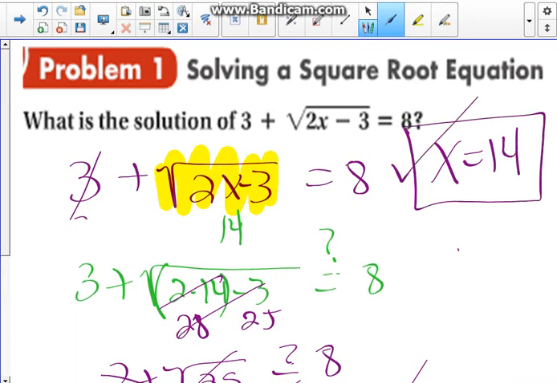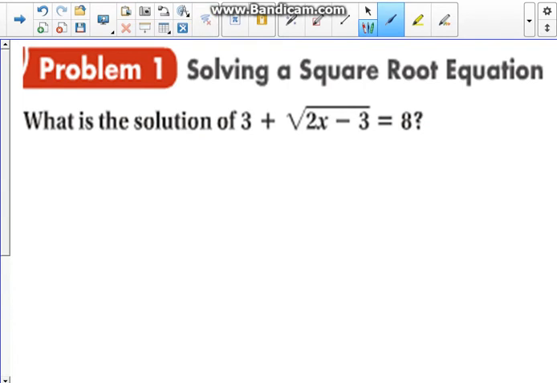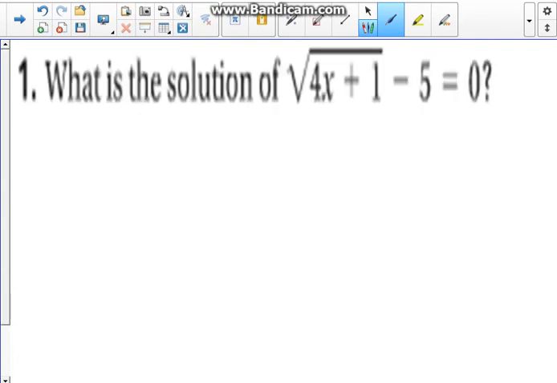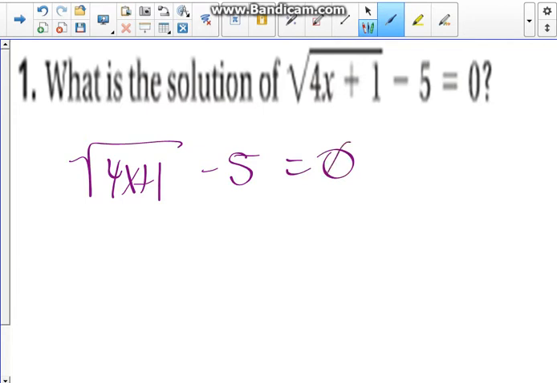Okay. Let's look at the next problem, another one just like it. Radical 4x plus 1 minus 5 equals 0. So we're going to start by adding 5 to each side. And we get radical 4x plus 1 equal 5.